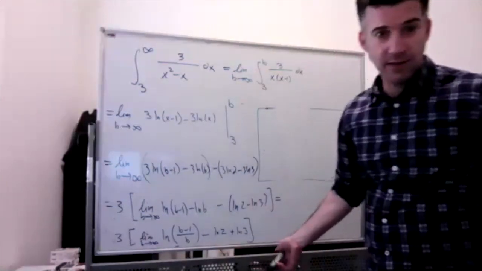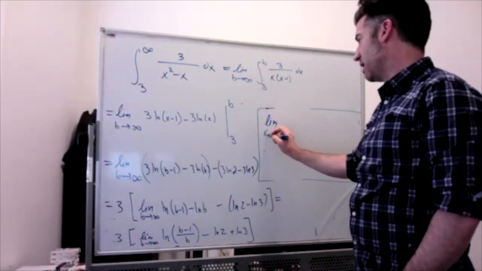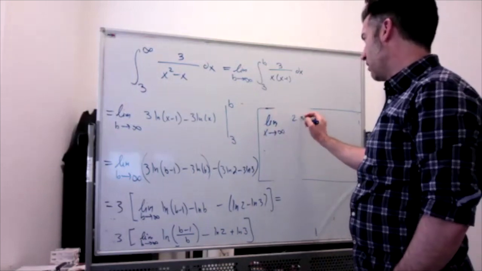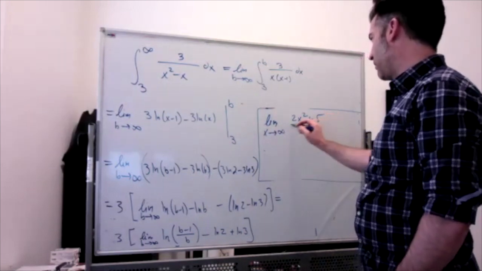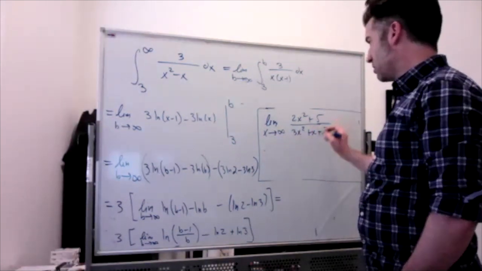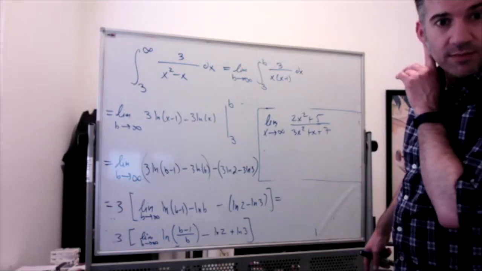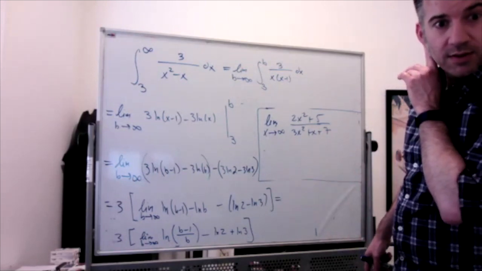Type in the chat or say it. What's the limit as x goes to infinity of 2x squared plus 5 over 3x squared plus x plus 7? Somebody please tell me. What's that? Oh, well, for the one you just did, it would be 2/3. Right.